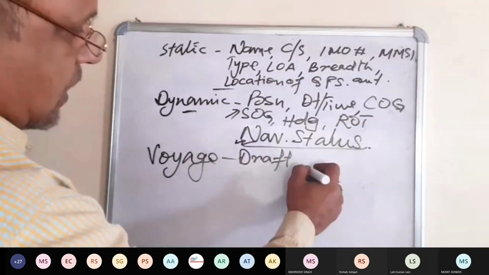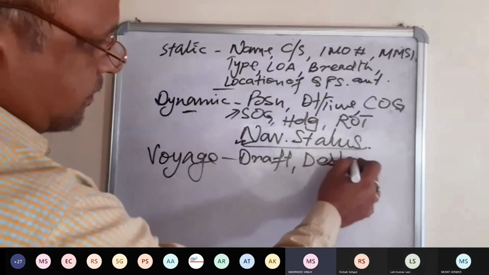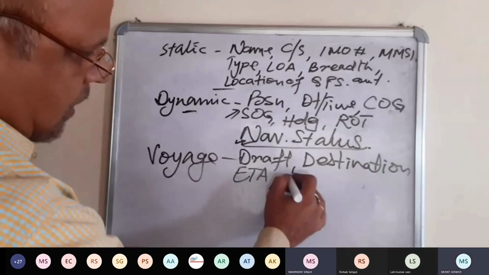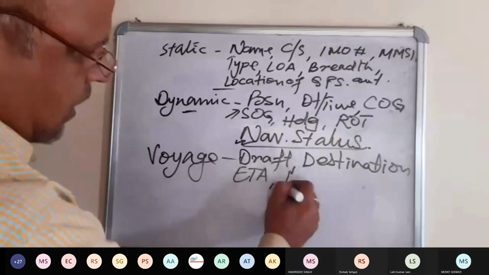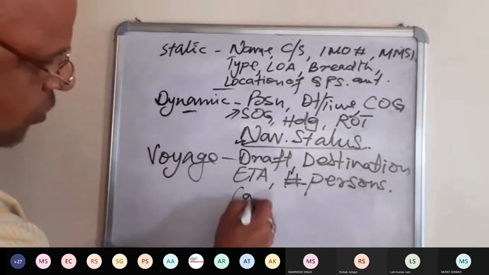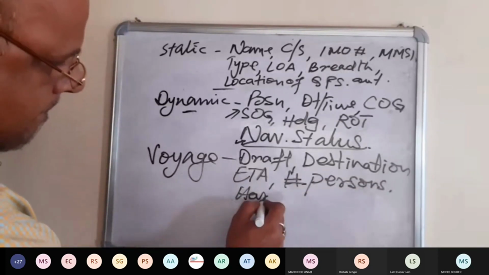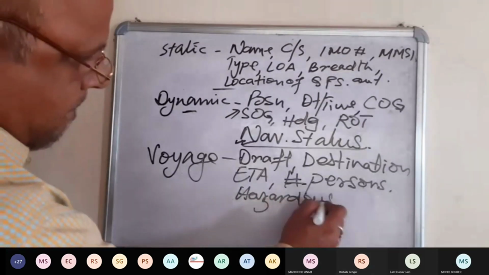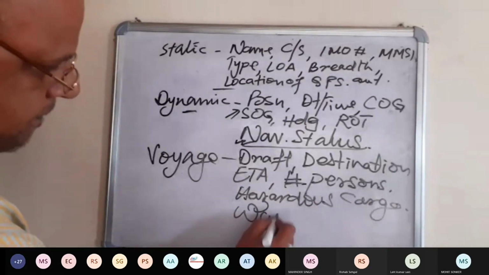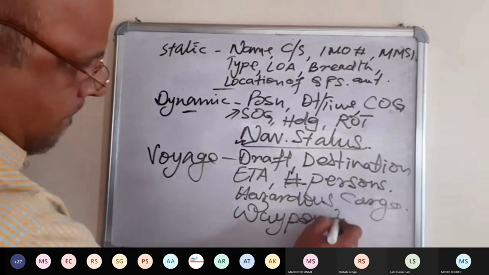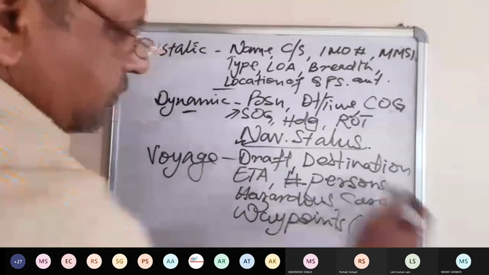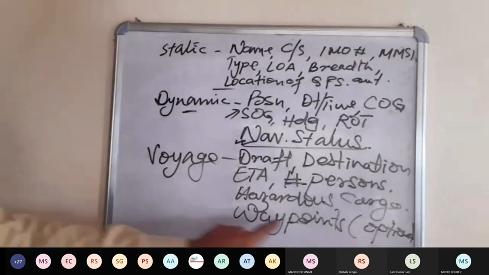Draft, destination, ETA, very good, number of persons, number of crew, very good, cargo, or rather hazardous cargo type, and optional is waypoints. This is optional. You may put it, you may not put it, but I am always for it. We must put it.